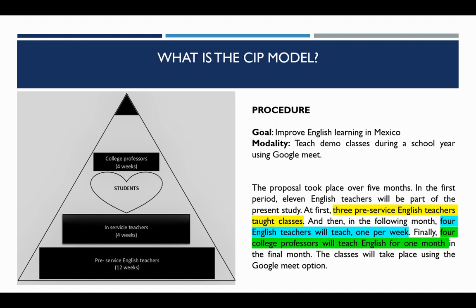Then at the top of the pyramid, we will have college professors teaching 4 weeks, specifically 1 month. What I refer to as college professors are professors that have expertise in their field and may be teaching at the moment at a university.